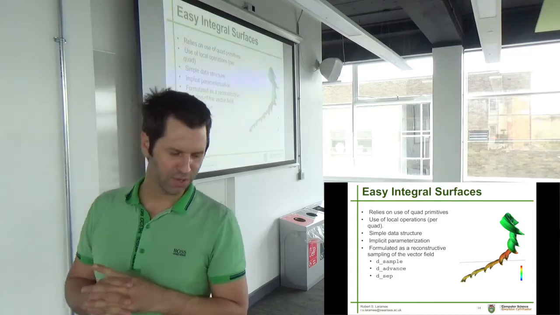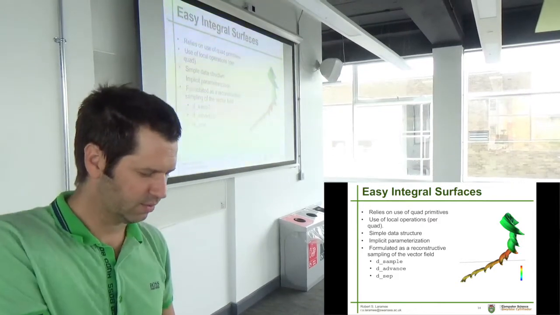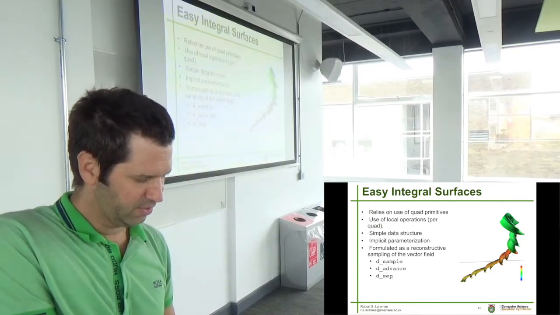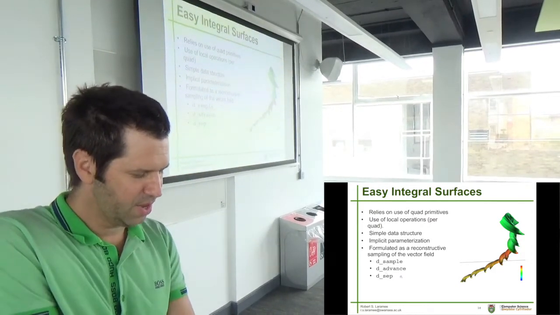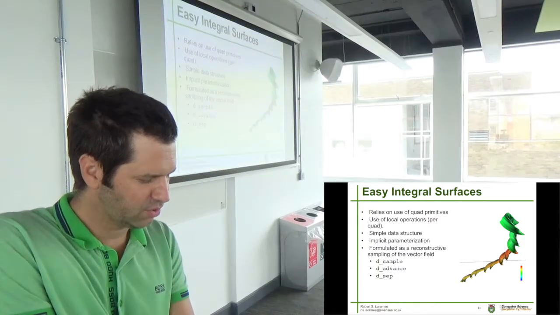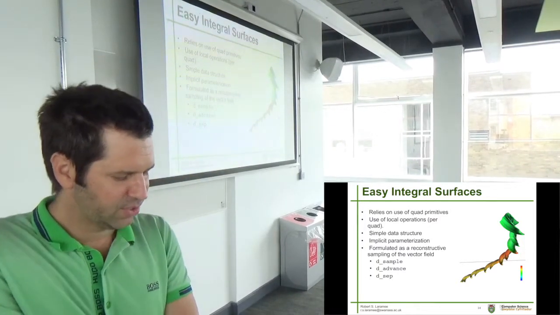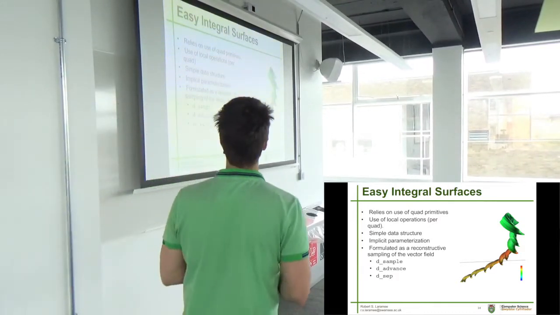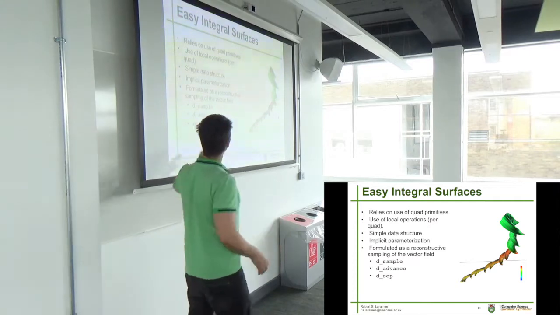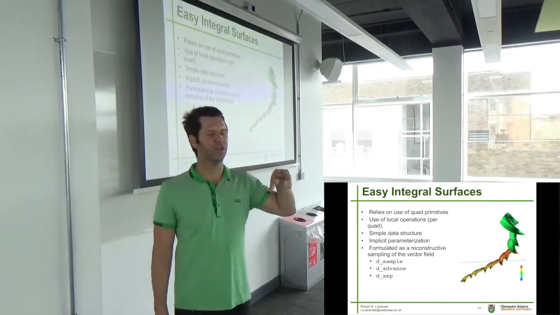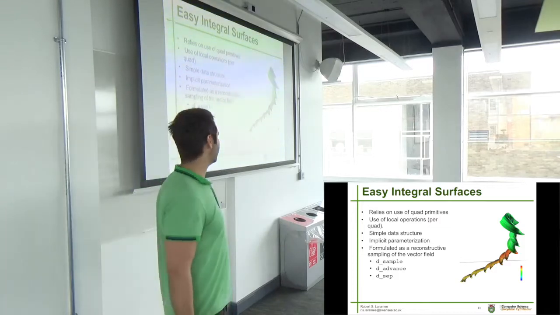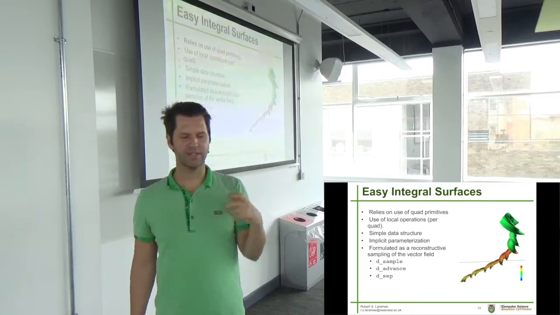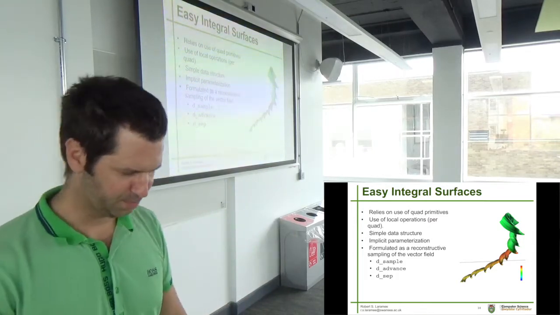And there are basically 3 operations and 3 algorithm parameters: dsample, dadvance, and dsep, which is analogous to the evenly spaced streamlines algorithm, because these two algorithms have properties in common, so the algorithm parameters resemble each other. In fact, dsep is exactly the same. The dsep parameter from the evenly spaced streamlines is exactly the same as this one.